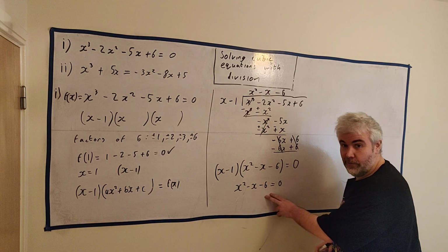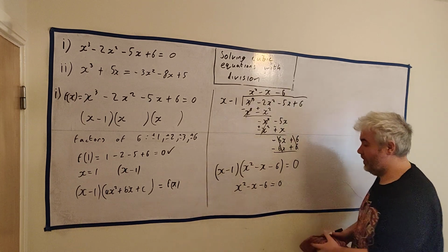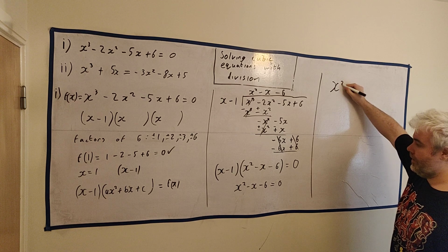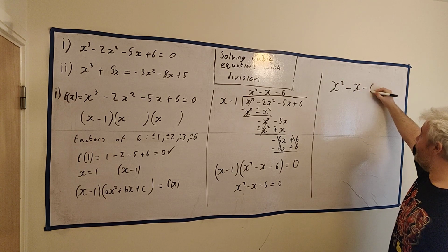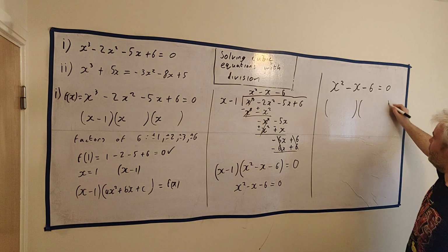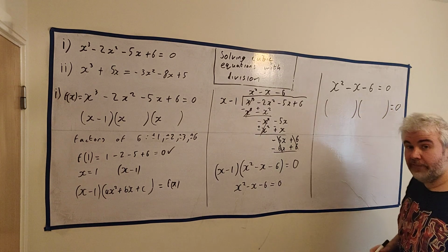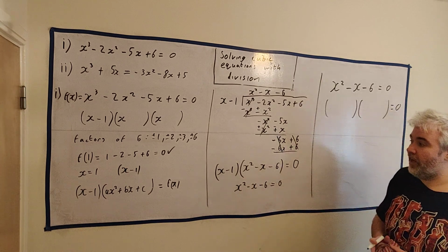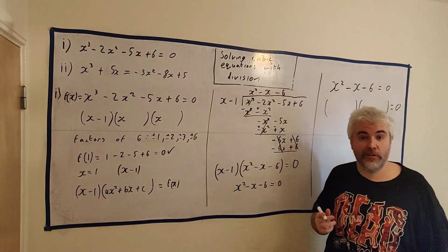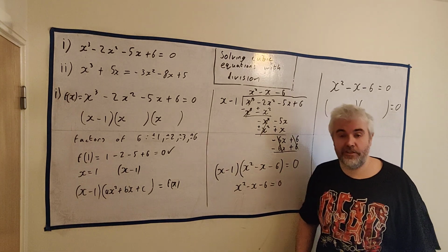That's good because we know how to solve quadratics. Let's solve it up here. I'll write nice and big. x squared minus x minus 6 equals 0. We just need to find the factors of this one. Now, luckily for us, factorizing a quadratic is not as difficult as a cubic.